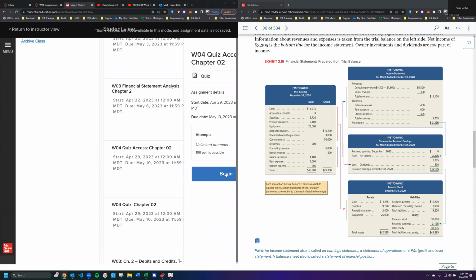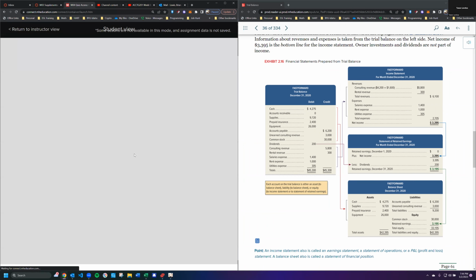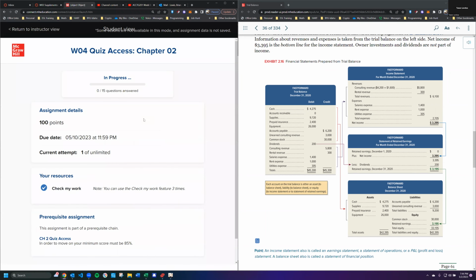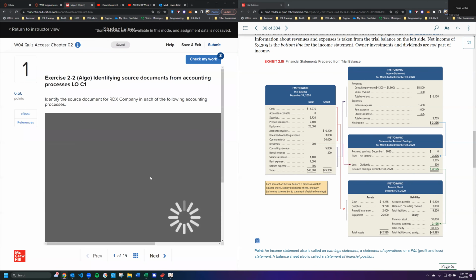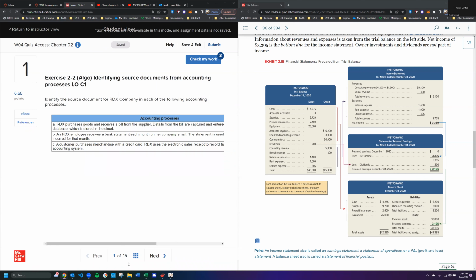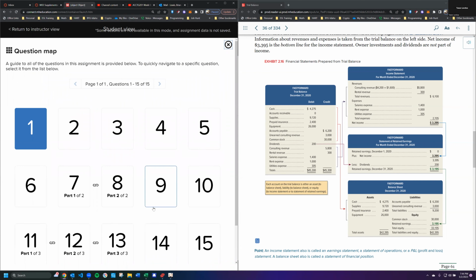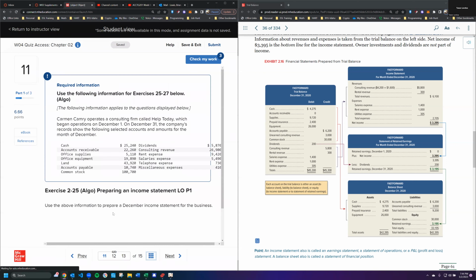If you don't have this big of a screen, I would just have both of them open so that when I get to a question on the financial statements, it's probably one of these, right?